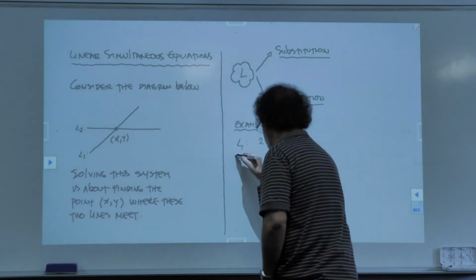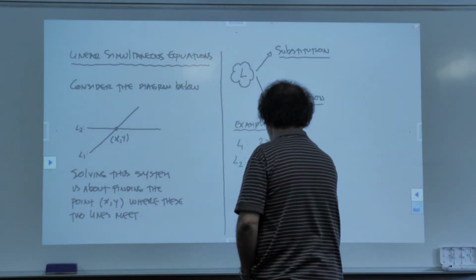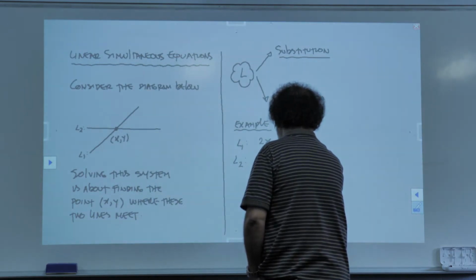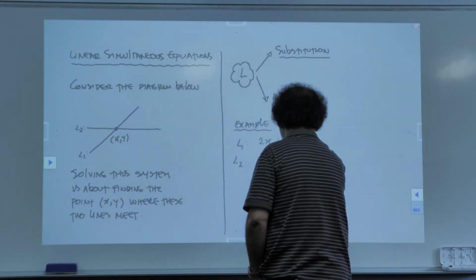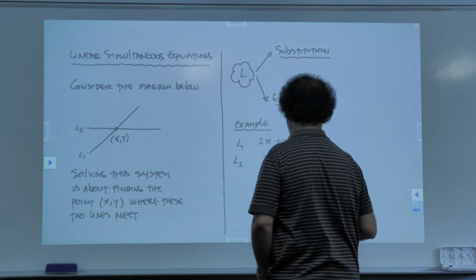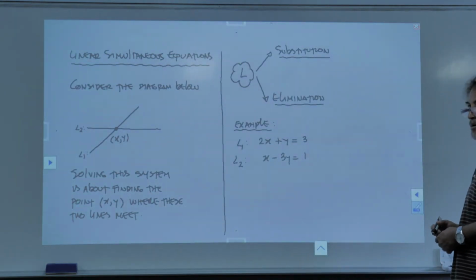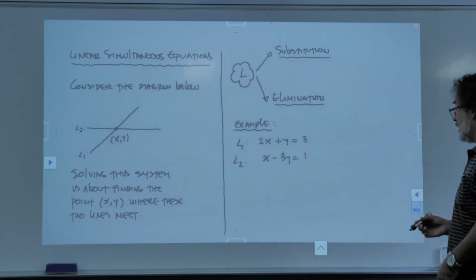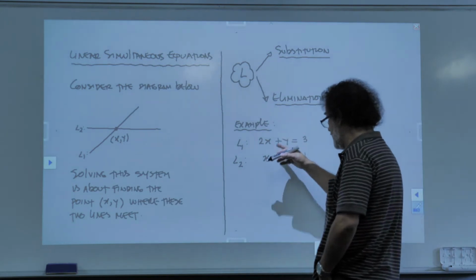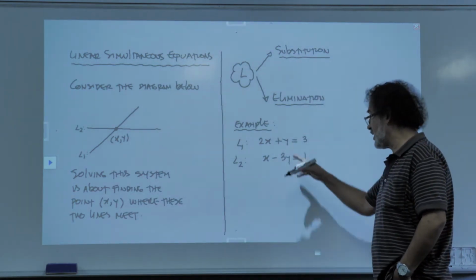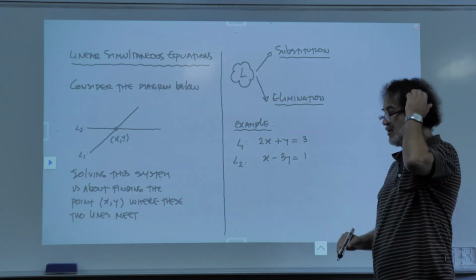And let's say that we have a second equation, x minus, just say something, 3y equals 1. All right? And then they say, find the point x, y where these two lines meet. Okay, that's what we're going to do.